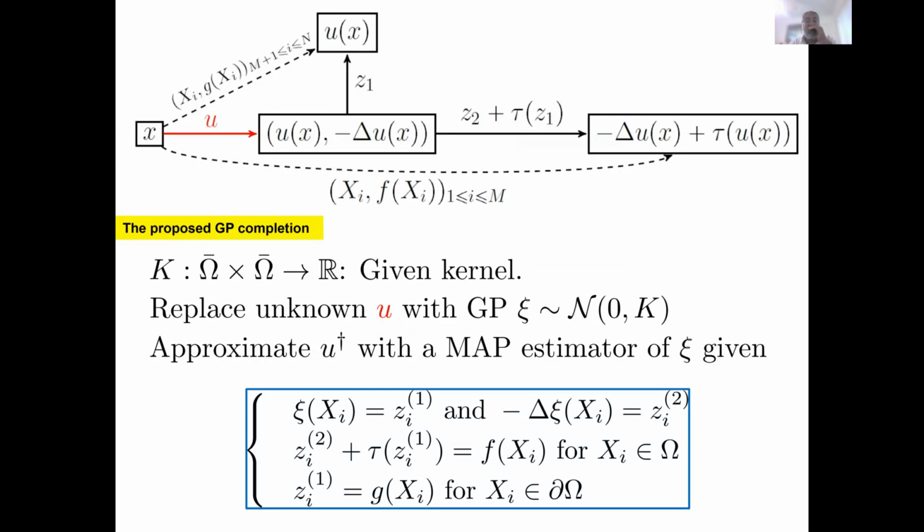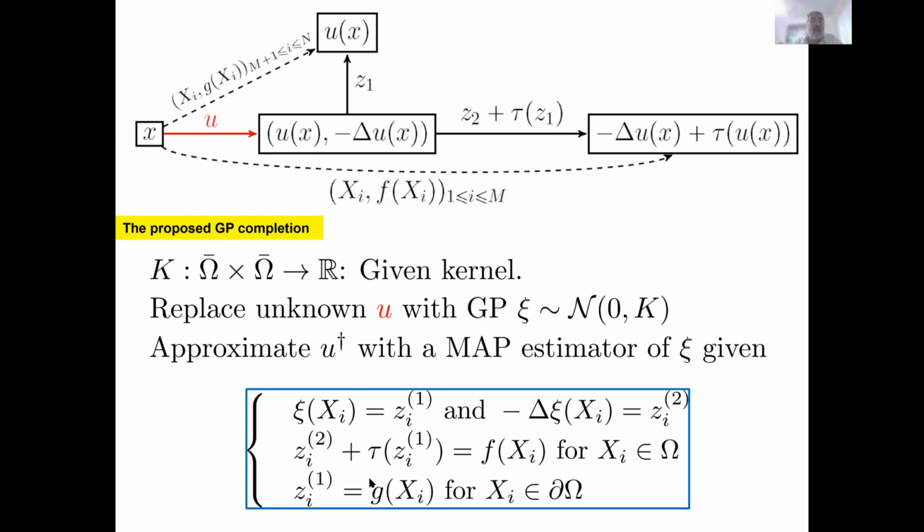Then the proposed completion approach is to replace the unknown function u of the graph by a centered Gaussian process with kernel k defined on the domain omega, and approximate the solution of the PDE with the MAP estimator of that Gaussian process, given the identities imposed by the graph at the collocation points.